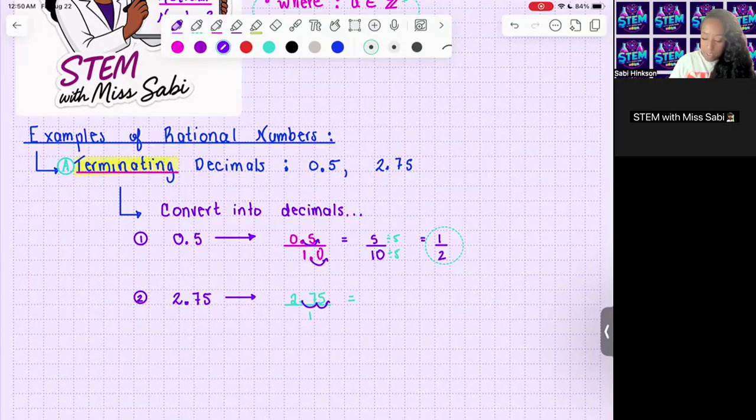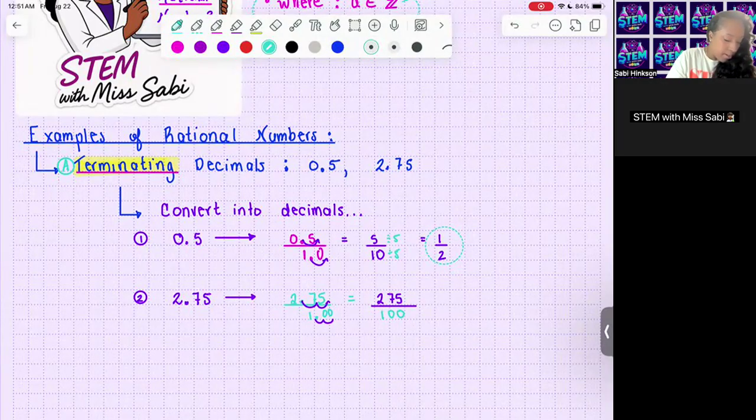I move it twice. That will get rid of the decimal place. And what I do to the top, I have to do to the bottom. So if I do 1, 2, I now have 100. So you should look at that right away and know that that can be reduced.